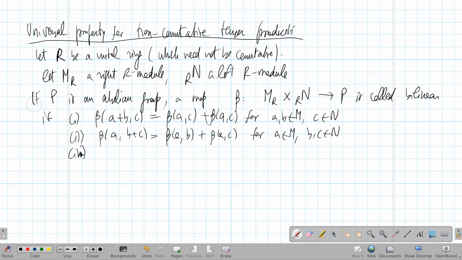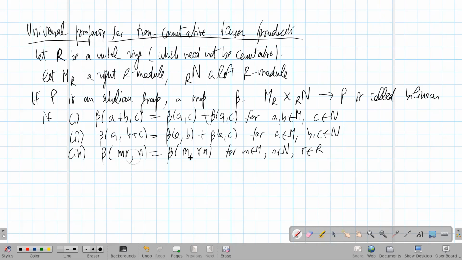And the third condition tells you that beta(mr, n) equals beta(m, rn) for m in M, n in N, and r in R. So there's nothing coming out of this, but it's bilinear if you can shift from left to right.